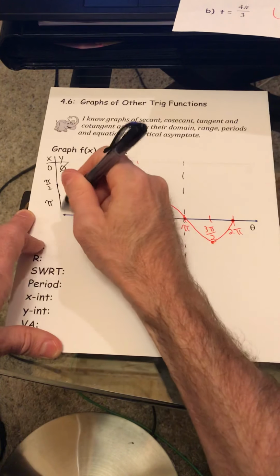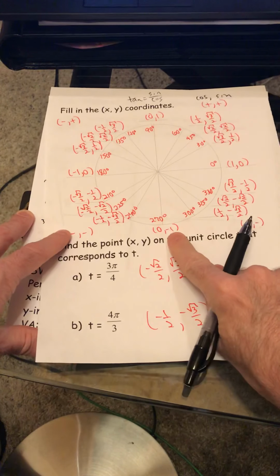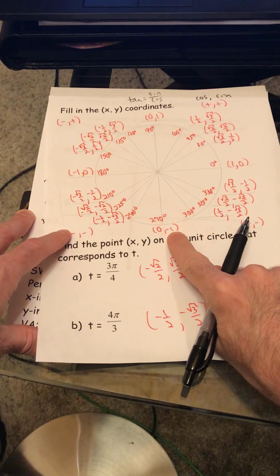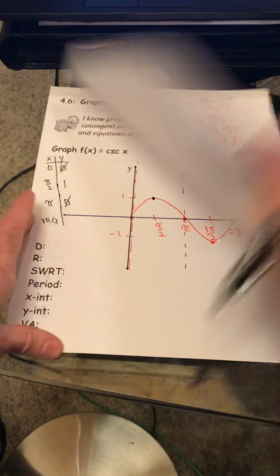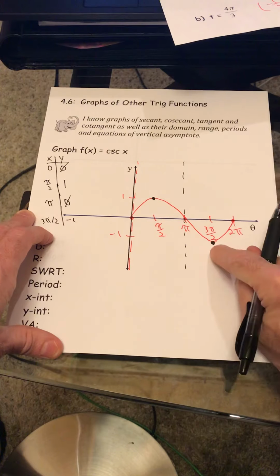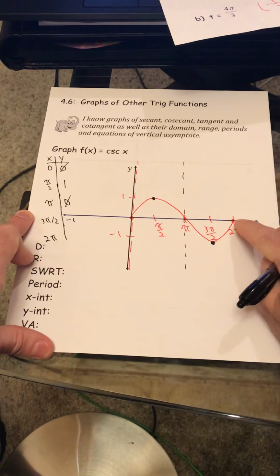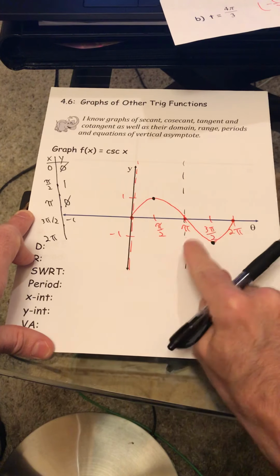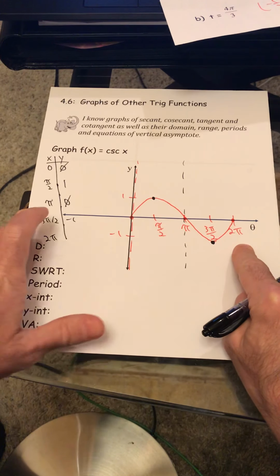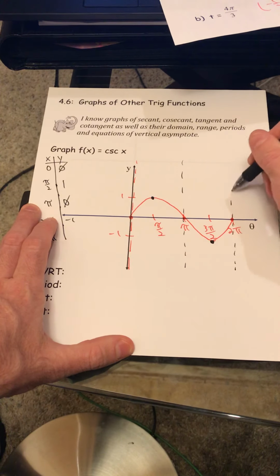Now, at 3 pi over 2, sine's -1. The reciprocal of -1 is -1. So you also have a point there. And then at 2 pi, you've had a 0 here, a 0 here, a 0 here. That's also going to be a vertical asymptote.